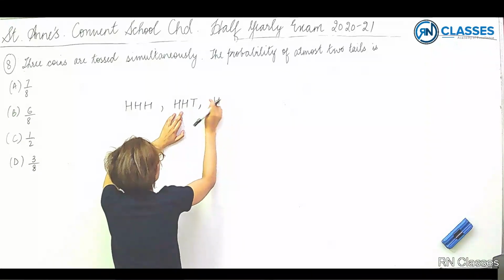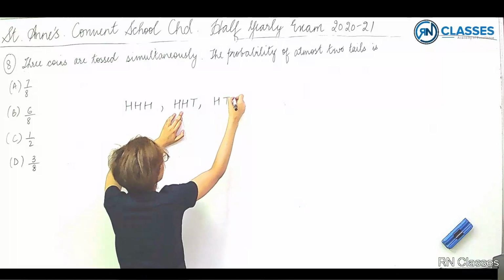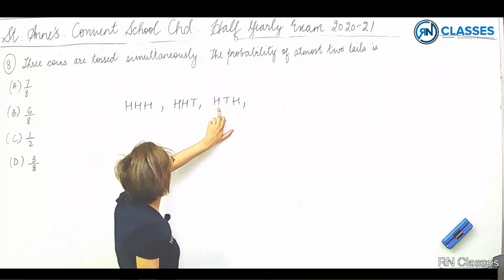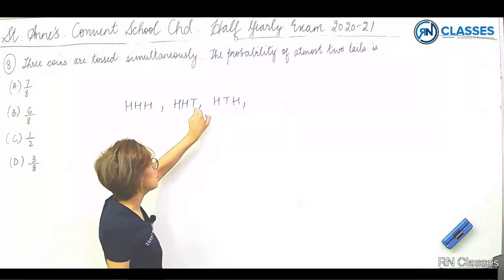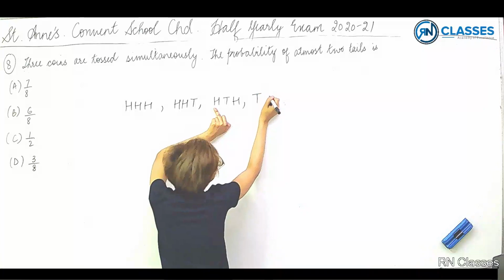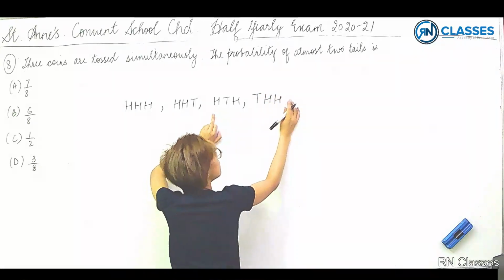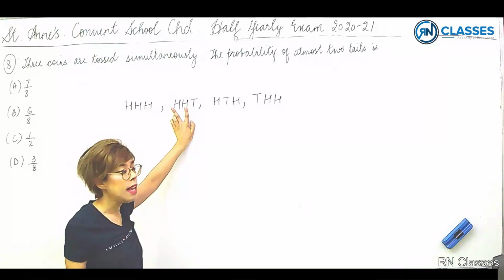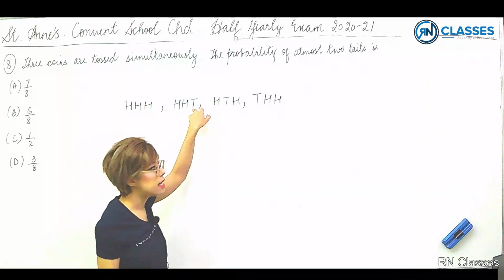So H I can write, now T I'll shift here. So H, T, H, one such possible combination. Right? And then what I'll do is T was in third place, now second. So the first one is there. So I can write as T, H, H. So that means I have written all the arrangements in which 2 heads are occurring and 1 tail is occurring. Right?